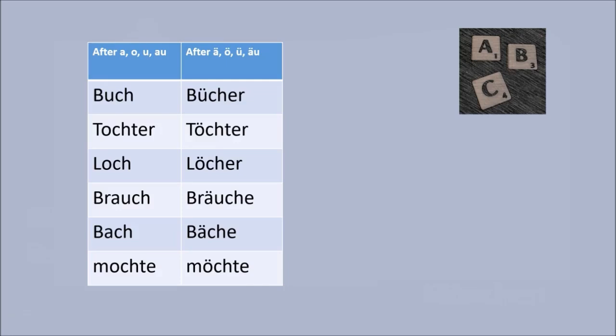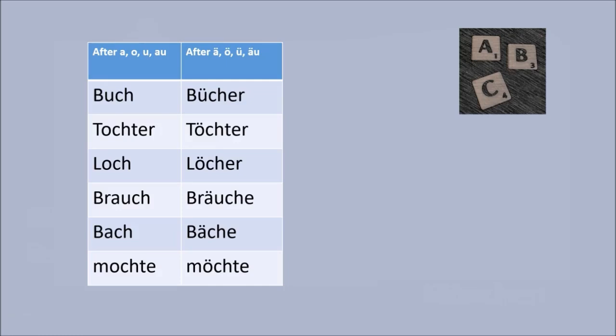Now, if you are struggling with the pronunciation of those, bearing in mind that you very unlikely say any of these words completely on their own, it's the context that will help the other person understand what you're talking about. So let's assume you're struggling with the difference of Tochter and Töchter.